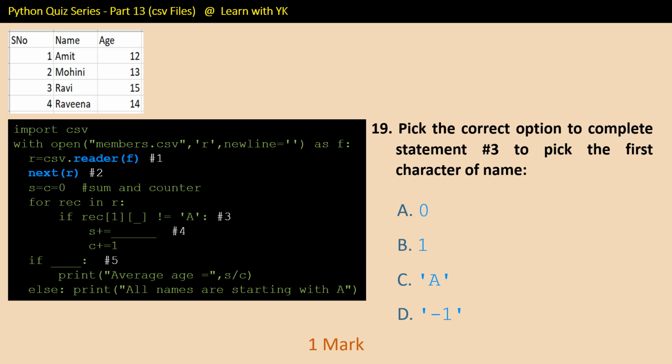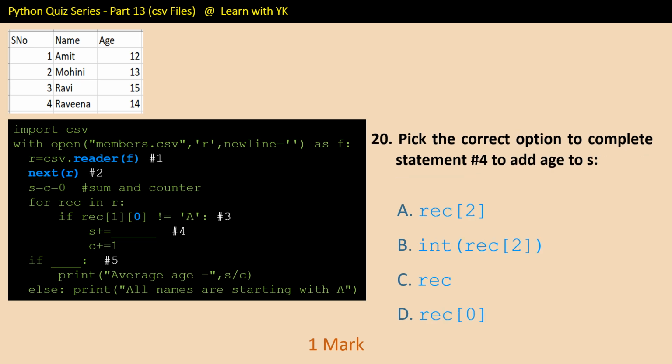Question number 19. Pick the correct option to complete statement number 3 to pick the first character of the name, because we want to check whether the name starts with A or not. And the correct option is option A. Question number 20.